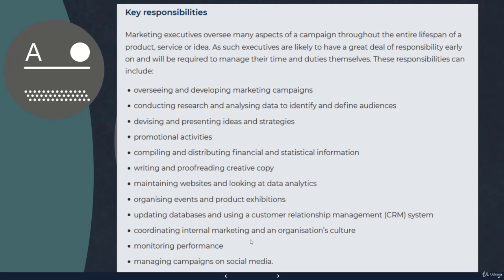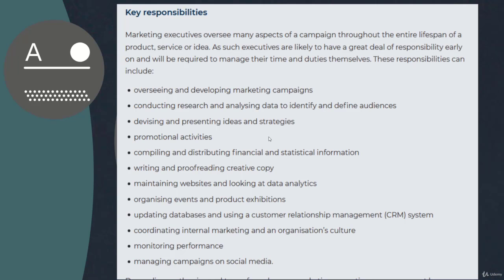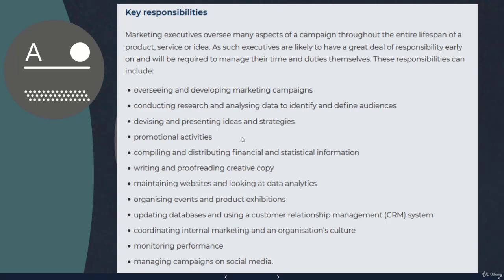In line with these points we will be adding quantification and action verbs in our CVs. But we don't have to add each and every aspect covered here; you can use some of the points from these key responsibilities, and in line with those we will add descriptions in our CVs.